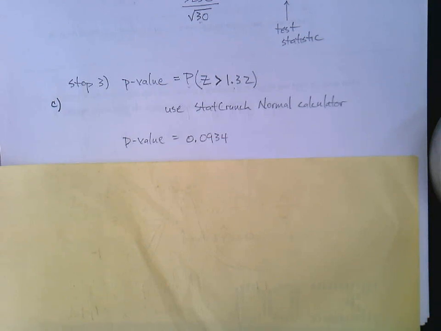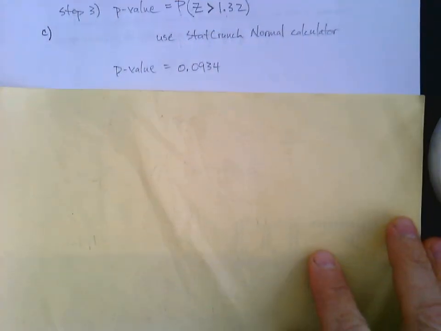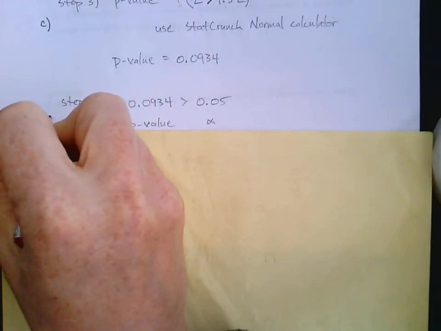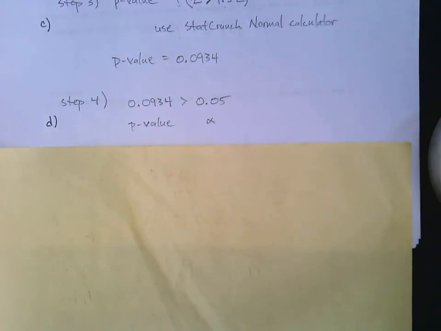That is part C. Now in D, the question is, which is greater, the p-value or the significance level? So let's see how this works. Part D, step 4 of the test.